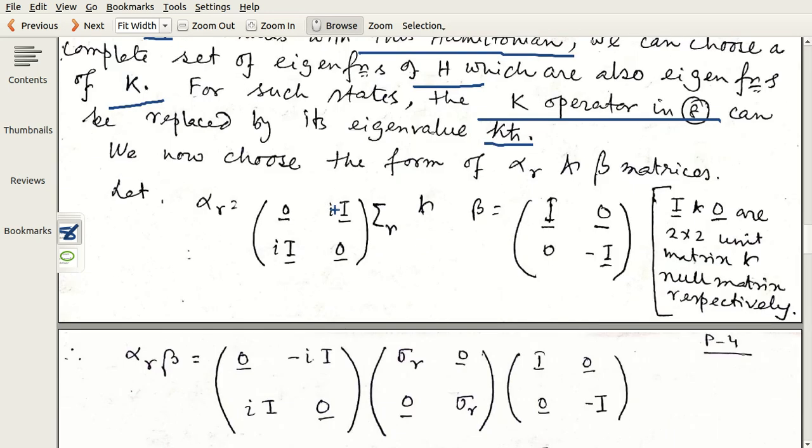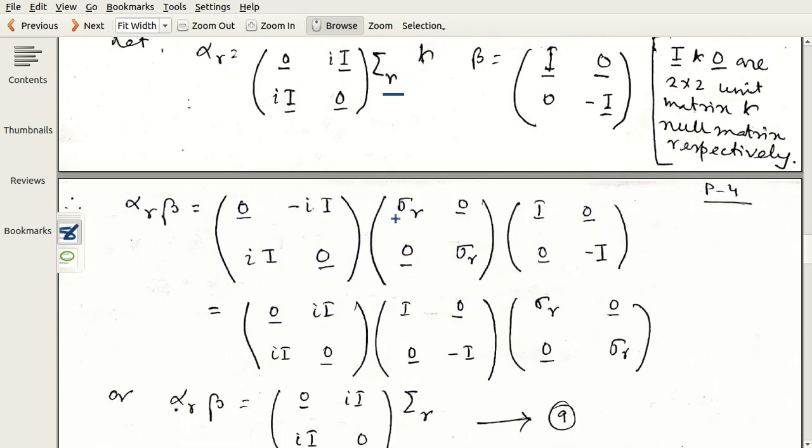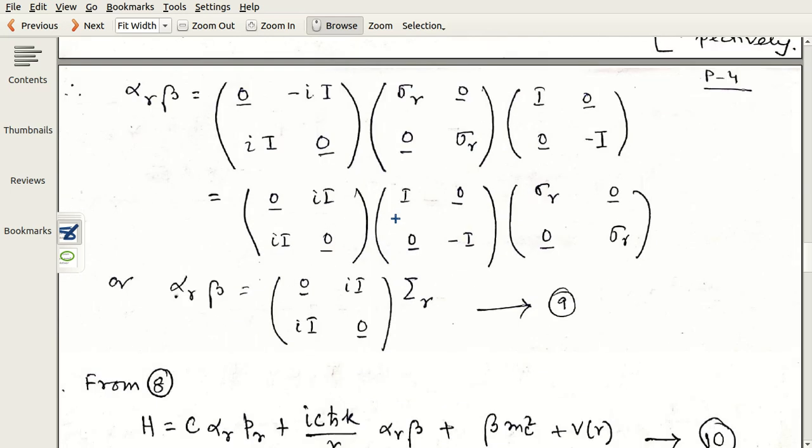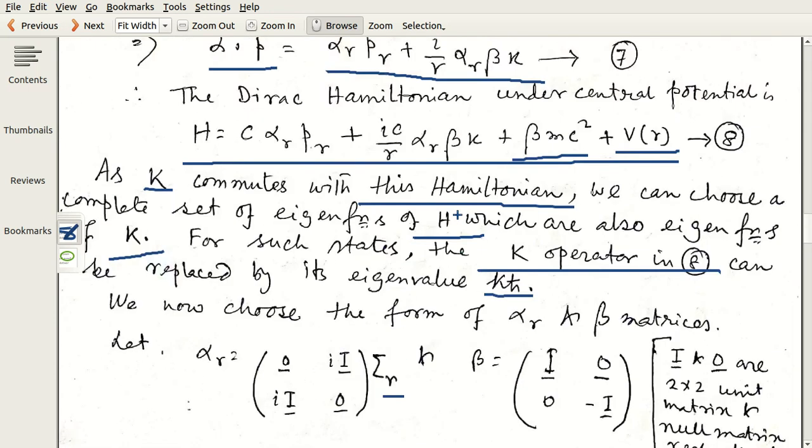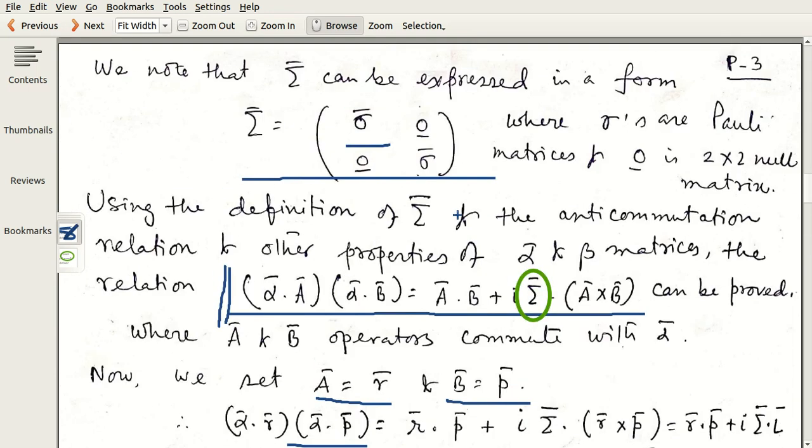So we now need the form of the alpha matrix, alpha R, and beta matrices, and we take it in this form: alpha R equals sigma 0 small I into identity matrix, multiplied by sigma R, and sigma R has the form small sigma R 0 0 small sigma R. We have seen it before.